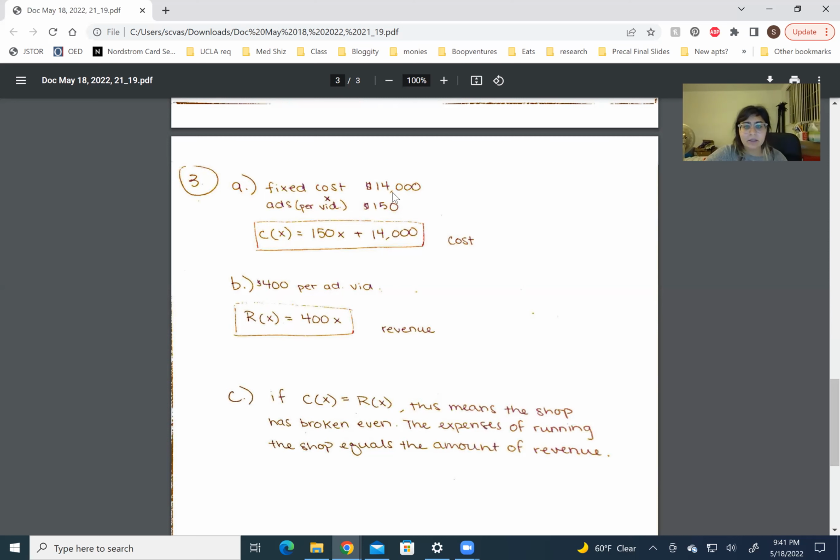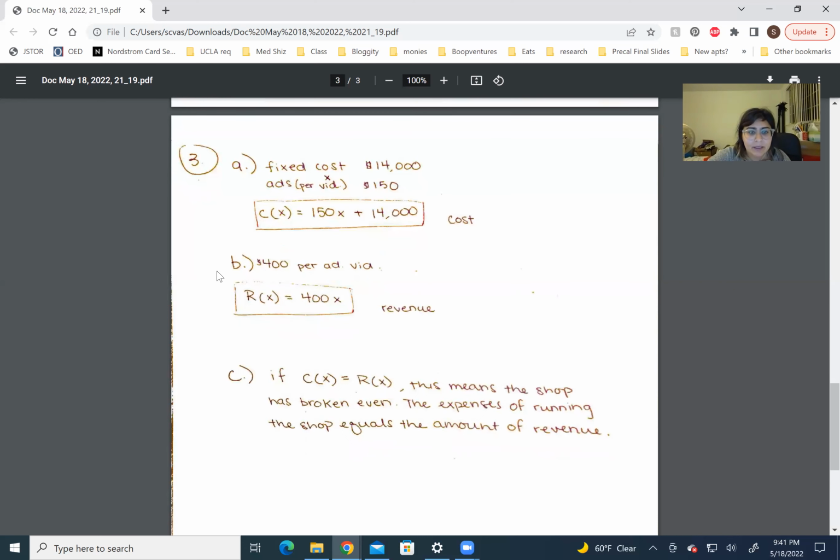So with $14,000 being the fixed cost, I made this function C(x), where x is the variable of how many videos they make, 150x plus 14,000. So this would be the cost, and it makes sense to me why it's called function C.